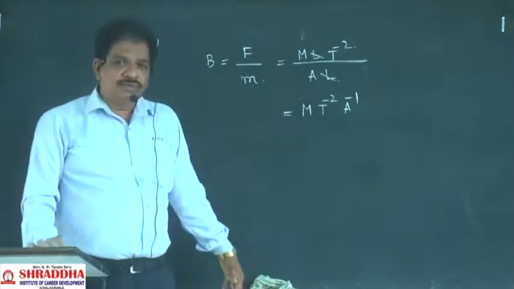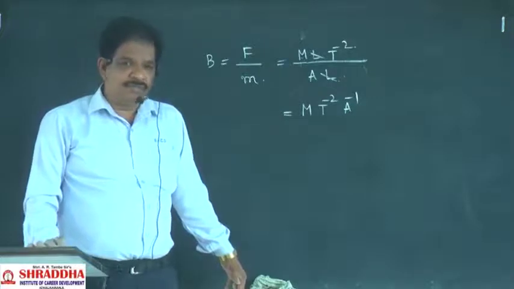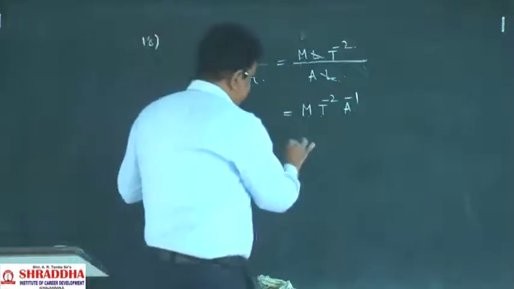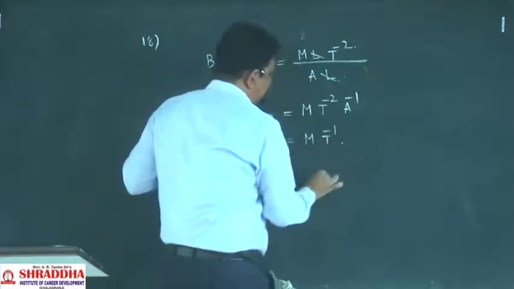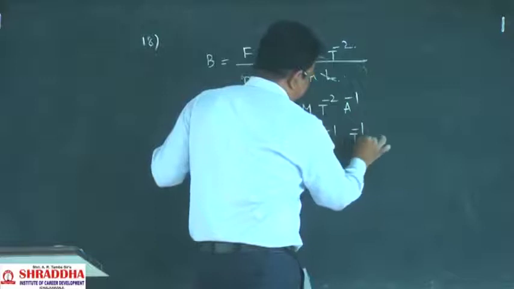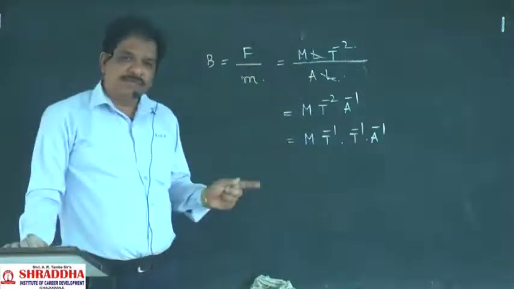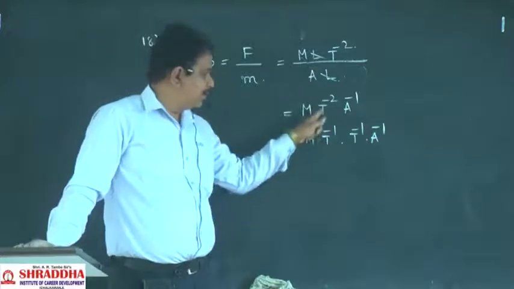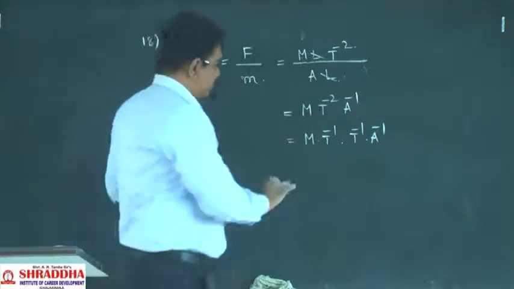We know Coulomb is equal to A into T. So I am writing this one like this, M T power minus 1, T power minus 1, A power minus 1. T power minus 2 is there, na? I wrote T power minus 1, T power minus 1.